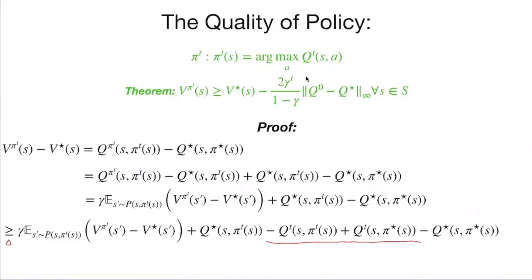By subtracting this term and adding a very similar term back, we changed from the equality in the previous step to the current inequality. What I'm saying here is that this quantity is actually less than 0.